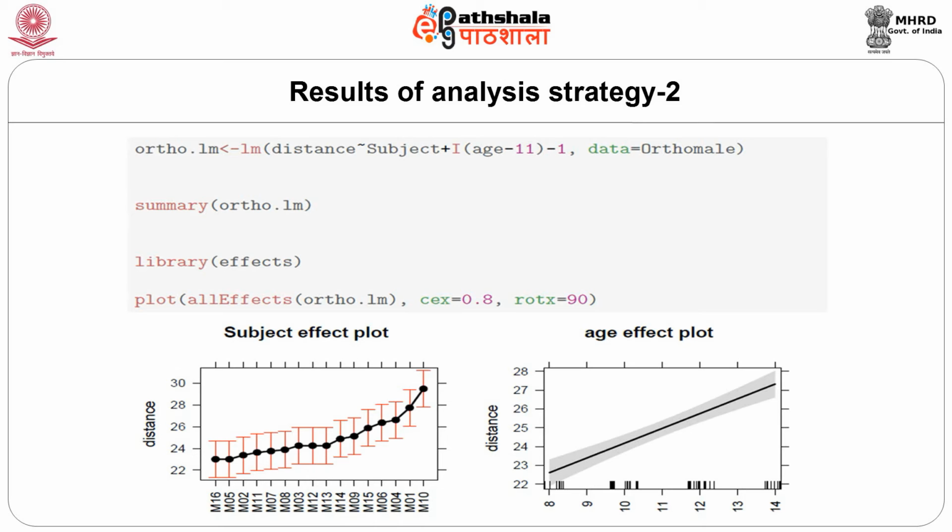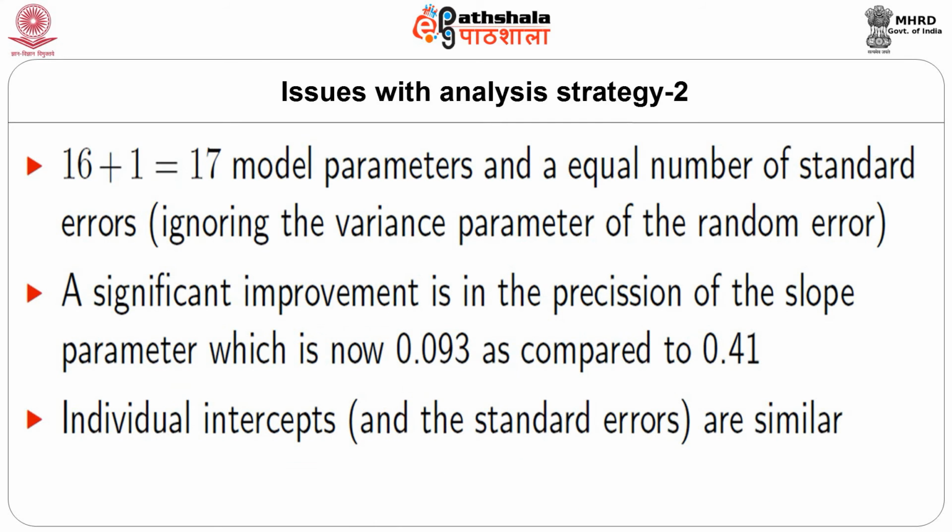Because it's a linear model, we get a straight line, so we have one slope effect and 16 intercept effects. So what is the problem here? The problem here is that although we have reduced the number of parameters from 32 to 17, excluding standard errors and the variance parameter, still 17 is quite a high number.